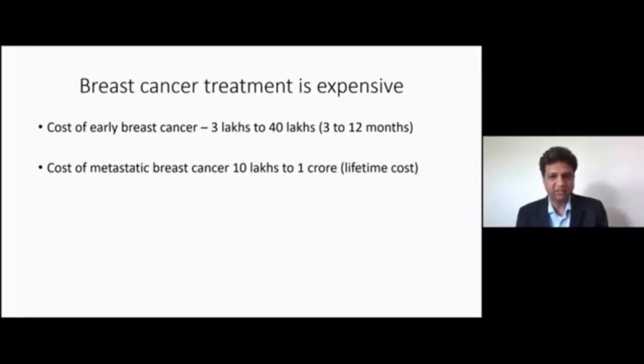And if the woman has stage 4 breast cancer, which is what I mean by metastatic breast cancer, then the treatment can go from anything between 10 lakhs to 1 crore, which is a lifetime cost because of the significant cost of immunotherapy, targeted therapy, and chemotherapy that comes with it. And because breast cancer treatments are better, women are living longer, and the downside of that is clearly that the cost of treatment becomes exorbitant for the patient.